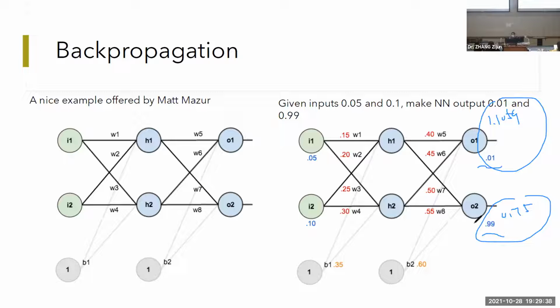What we want to do next, based on this error, is propagate this error back and adjust the values of weight 1 to weight 8 to make the network's output node 1 produce a value close to 0.01, and the output node 2 produce a value close to 0.99. Okay.